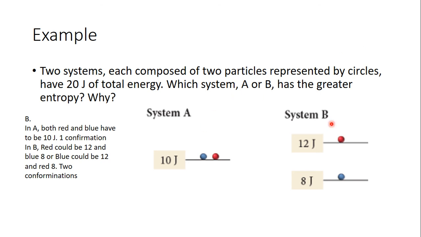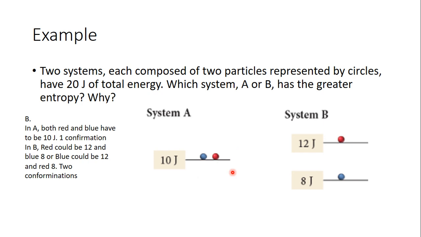So here is a visual representation. And I just want to ask to begin with, which one has more entropy or which one has more chaos? A or B? So B does, because I have two possible conformations of my spheres compared to A. So for A, if I want my system to add up to be 20 joules, both spheres have to be at 10 joules.